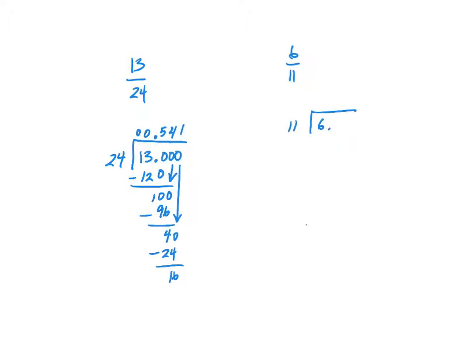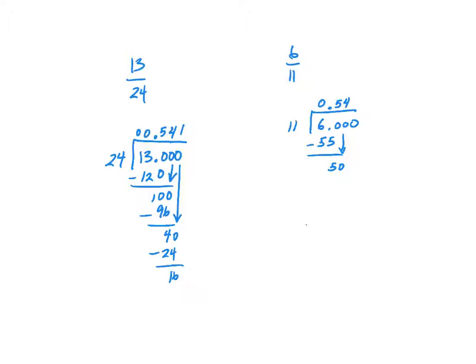So again, 6/11 is a division problem, 6 divided by 11. I'm going to go all the way to the thousandths place to compare. 11 does not go into 6, but it does go into 65 times. I can go ahead and regroup. 11 goes into 50 4 times.